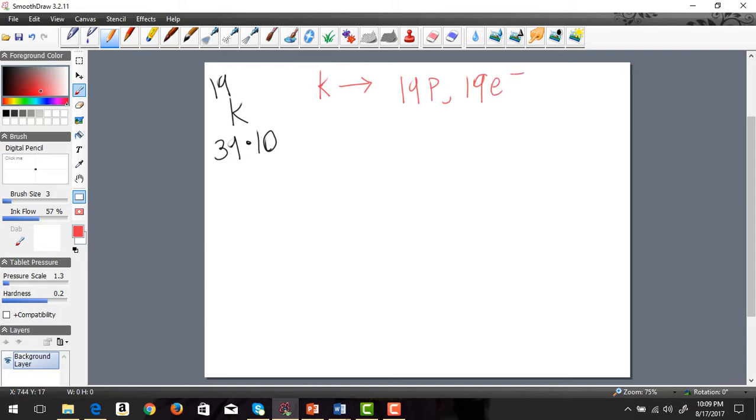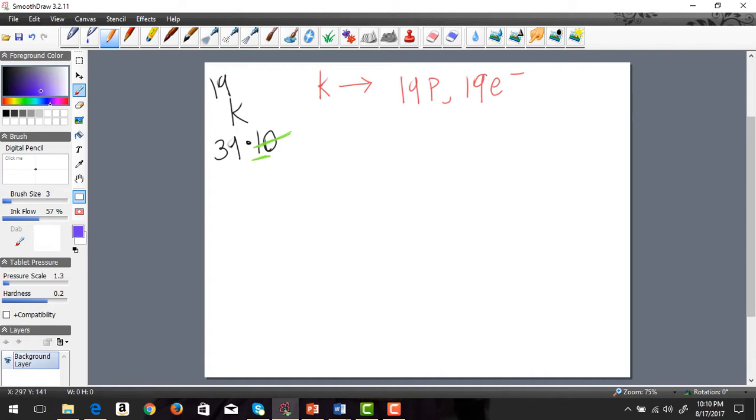And then your number of neutrons should be, let me grab my green, and if you see, this number right here is less than a 5. That is, it's not 5, 6, 7, 8, or 9. So we do not round up; we can strike off the decimals. So we will be left with a 39. Now let's get our blue and do our math.